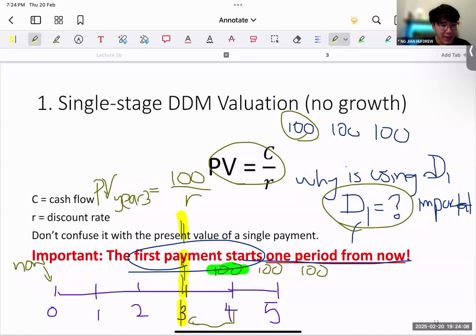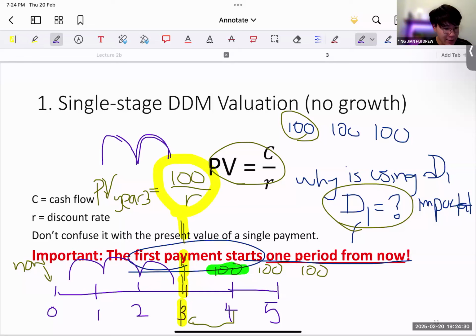Now, after you have done this, you have to discount it back 3 years. Once you have a value here, I always like to call this the bunny hop. So you want to hop back 1 year. So 1, 2, 3. Sorry, 3 years.